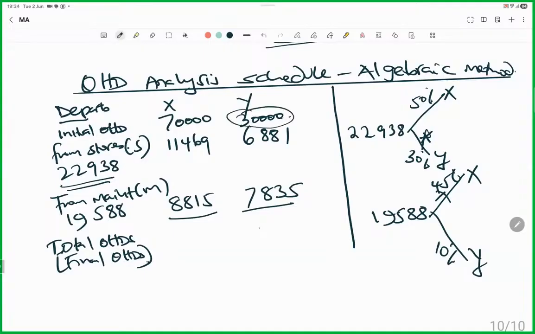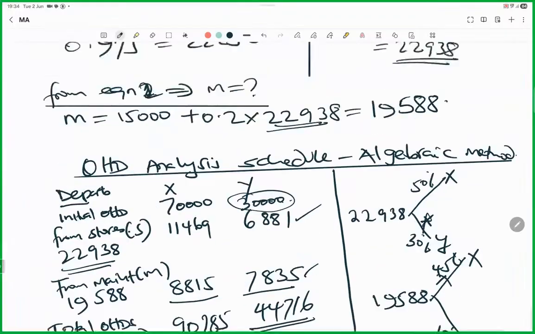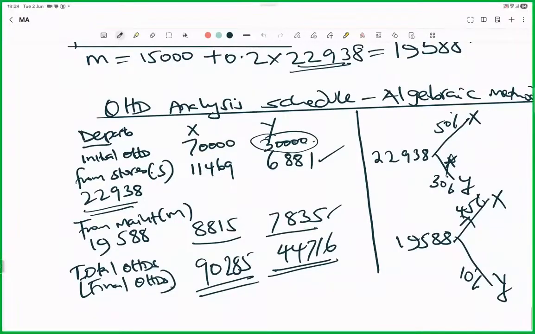Because we take the initial plus the allocated ones. How about X? 90,... What figures were we getting for the two using repeated distribution? 90 and 83. Crazy methods, right?